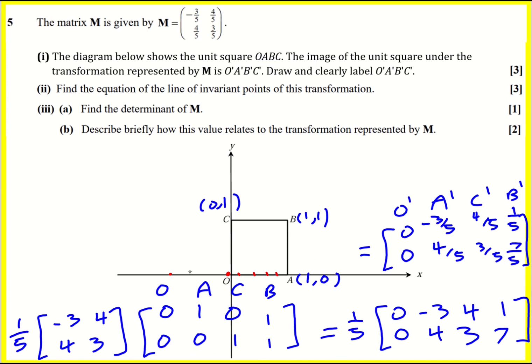So that's 5. Okay, that's not too bad. All right, minus 3 fifths, so that's minus 0.6 and 0.8. It's going to be here. That is my A dash.